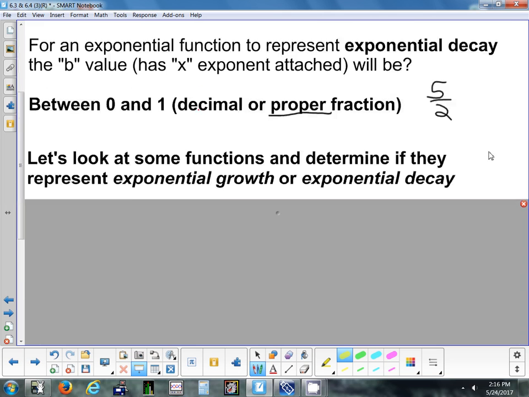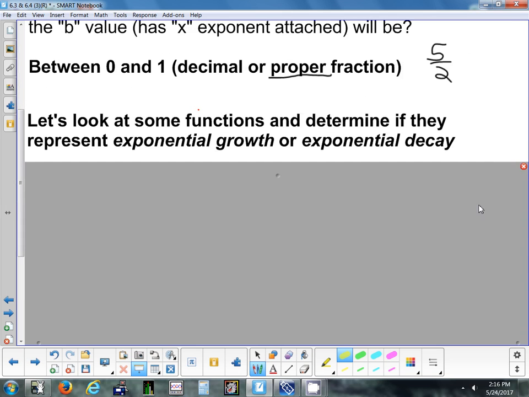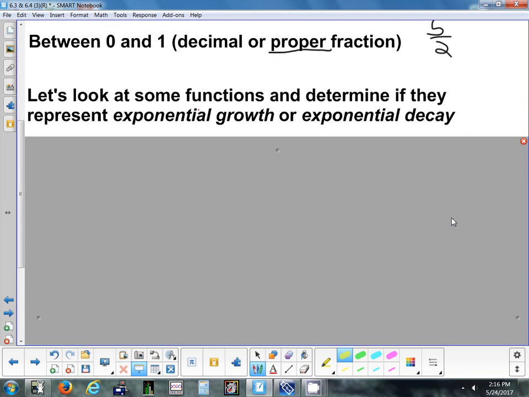Let's look at some now and see if they're going to represent exponential growth or exponential decay. So now we're looking at example 3A, 3B, and 3C. All you're going to do is look at it and say exponential growth or exponential decay. What should we be looking for to tell us what the B value is? Remember, if I was looking for slope in y equals mx plus b, how do I know where the slope is?